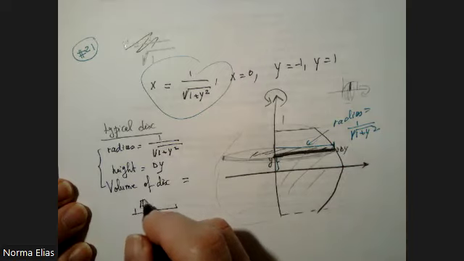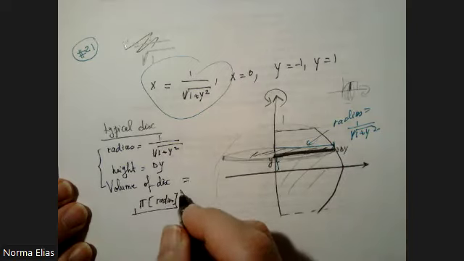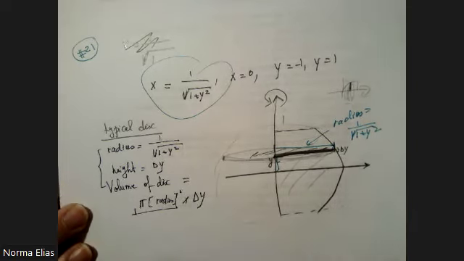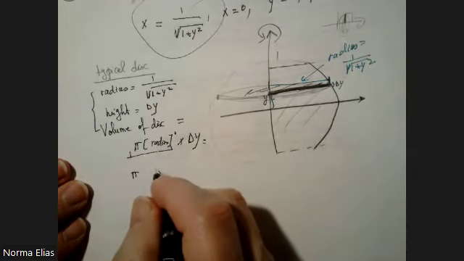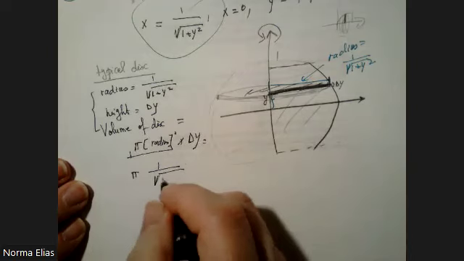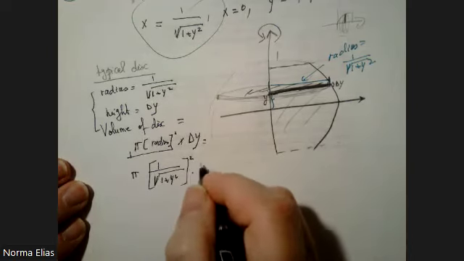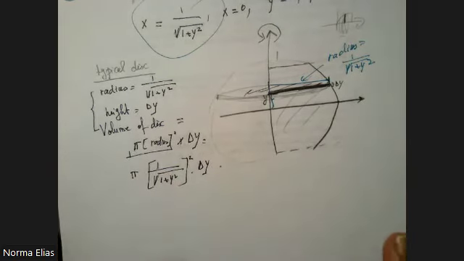It means pi times the radius square times the height of it, which is my delta y. So finally, this is equal to, so that's one disk, pi times 1 over 1 plus y square times the delta y. So that's one disk.